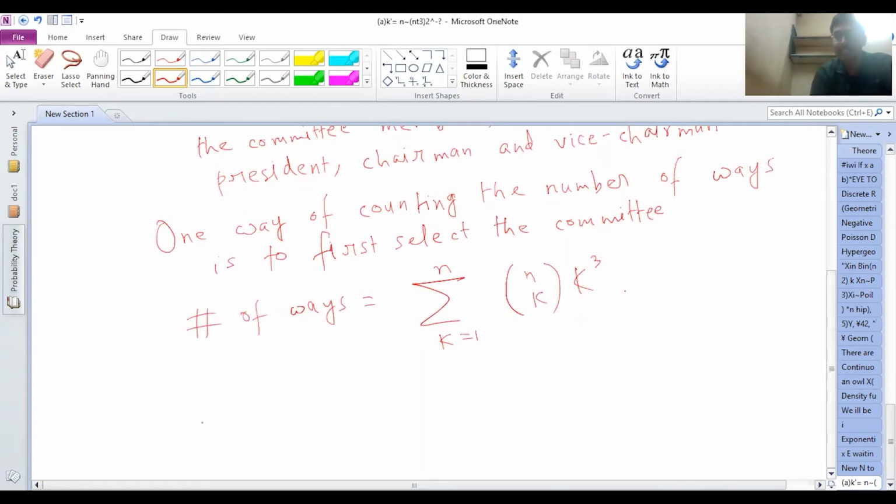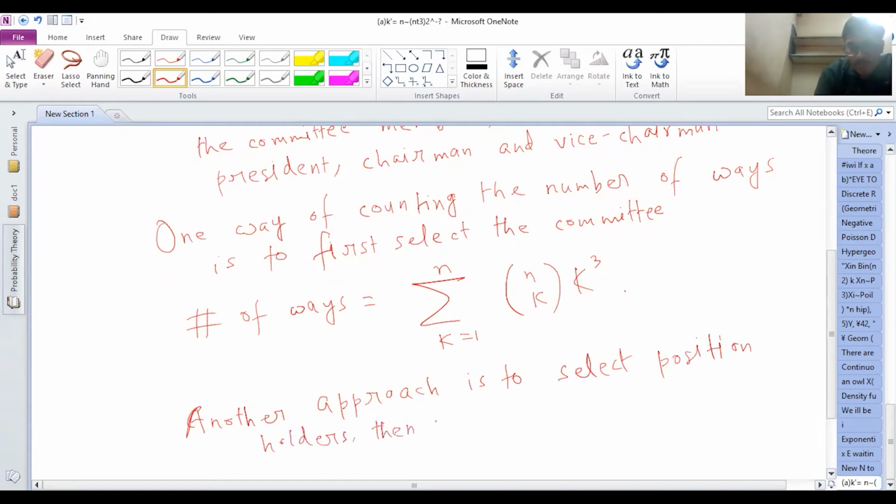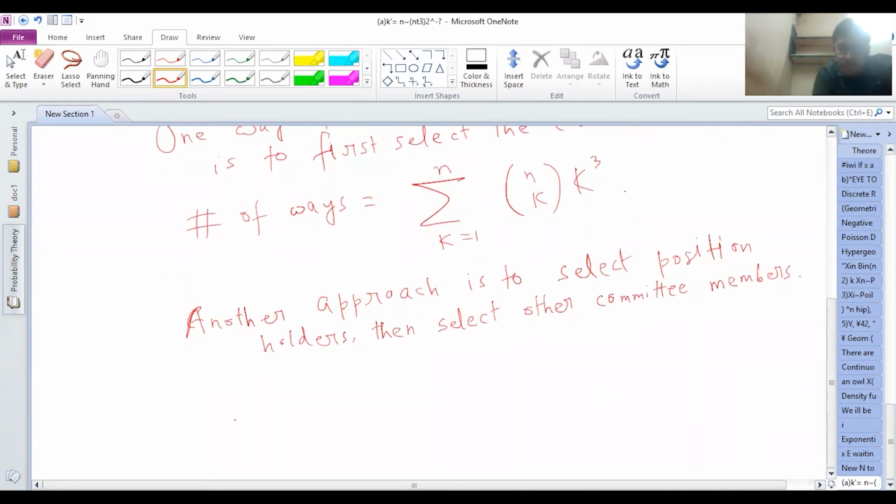First, we select the president, chairman, and vice chairman, and then we select the other committee members. So how do we do that? Three cases arise.